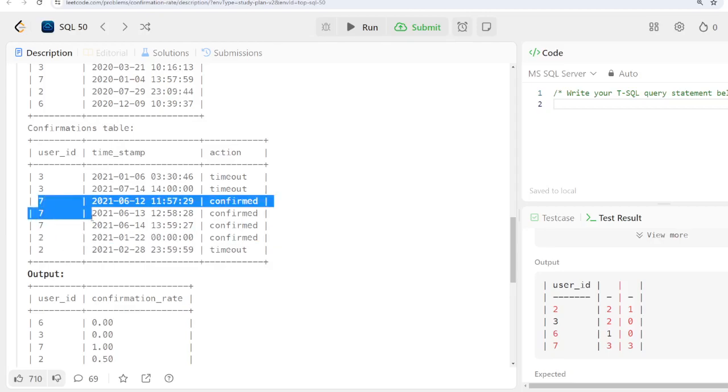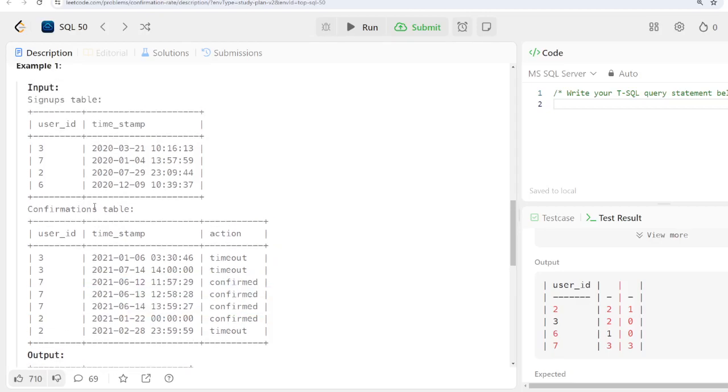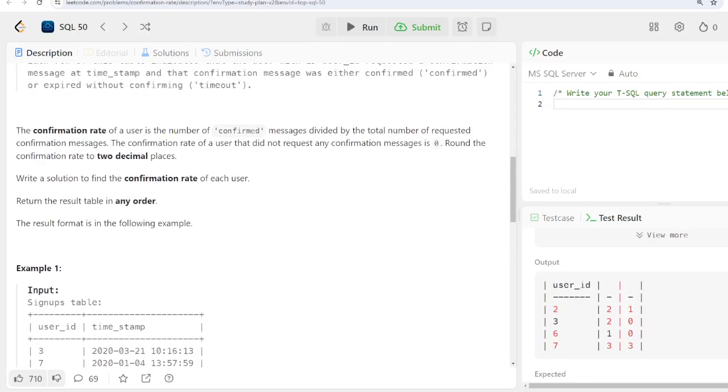For example, this user ID 7, he requested 3 confirmation messages and every message was confirmed, so it will be 3 by 3, that is 1. I hope you understand.